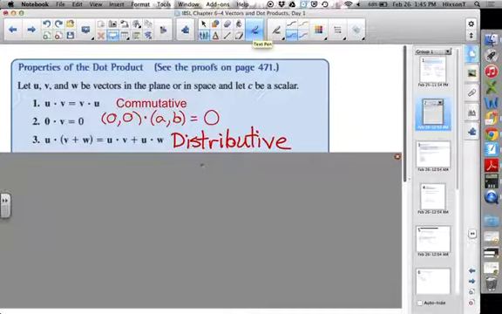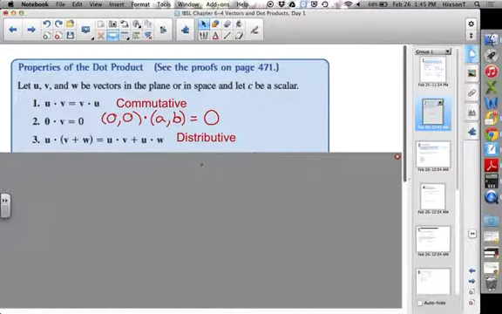So you can add the vectors first and then do the dot product if you want, or you can just find the dot product of u with each of those vectors in the parentheses and then add the two scalars together. Okay, so it's kind of up to you.